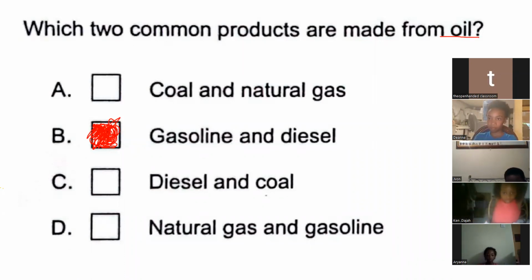What I want you to do is take pictures of your work and then send it to me via WhatsApp beginning from number 1. All right?